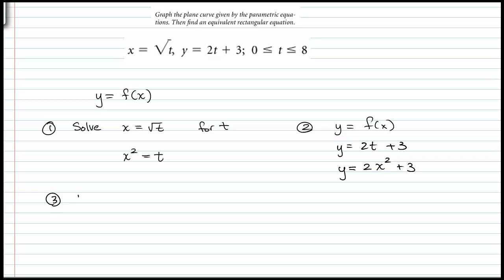And last but not least, we got to change the domain or the parameter from t to x. Now remember, we already know what t is equal to. T is equal to x squared.